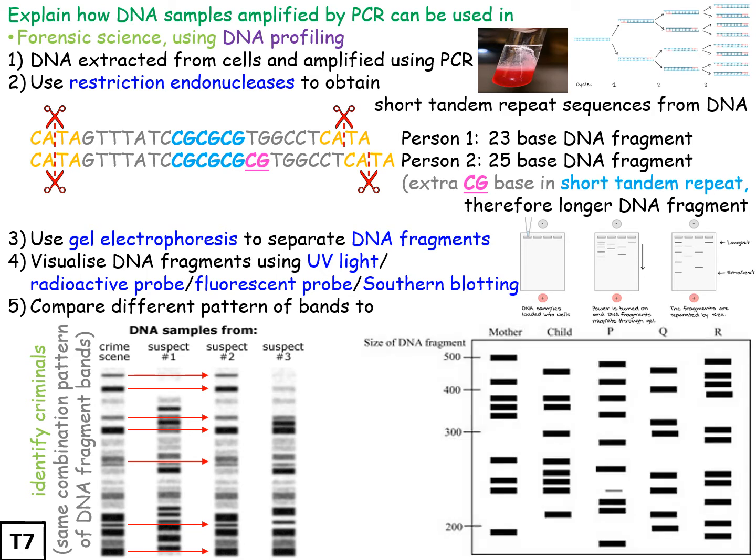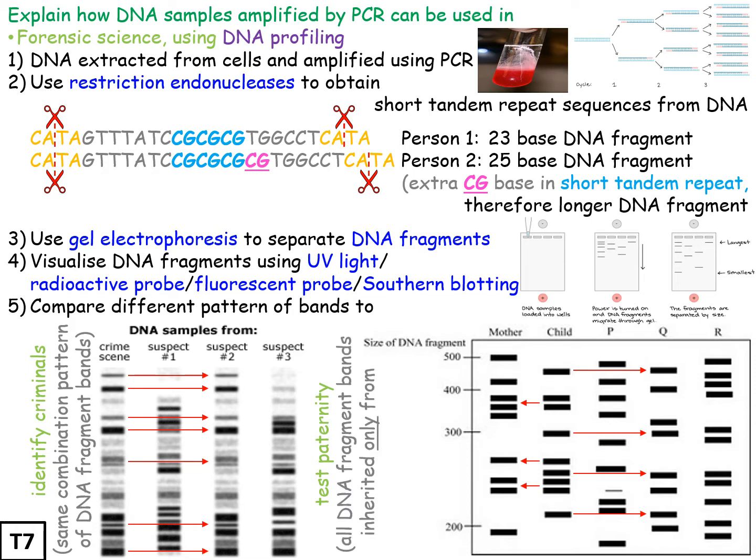Another reason you could use DNA profiling in forensic science is to test for paternity. And here, all the DNA fragment bands of a child are inherited only from the mother or the father.